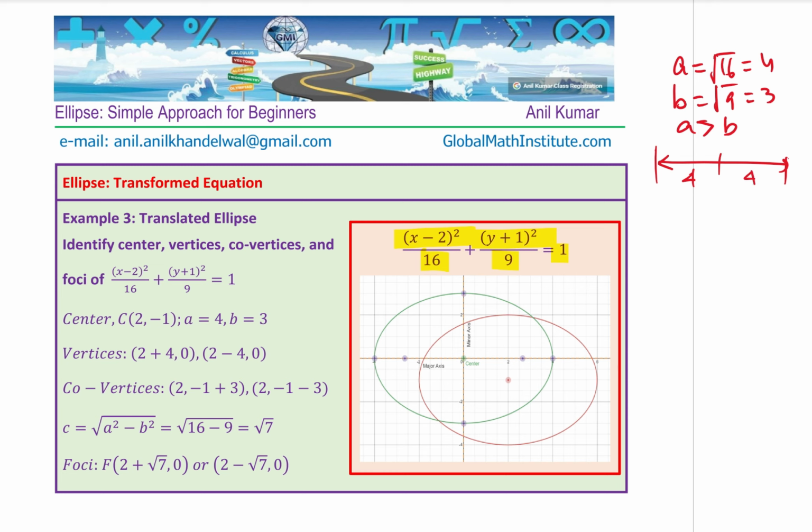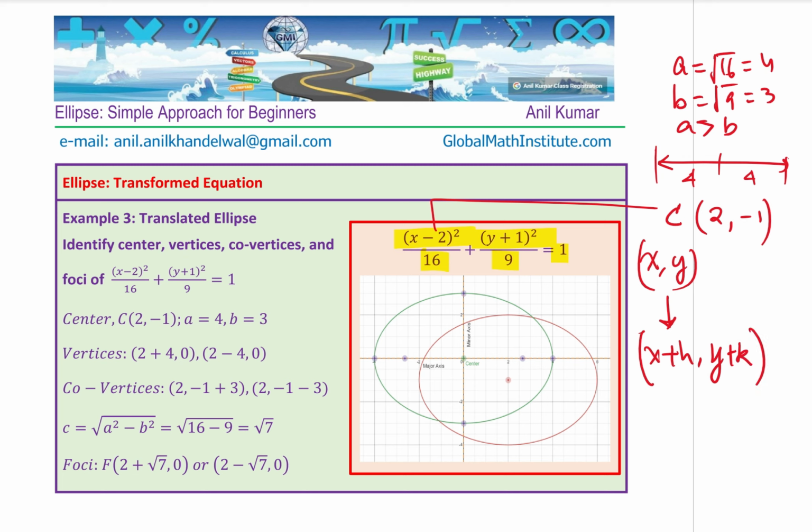Now, the center can be seen from the above. We know the center is translated 2 units to the right and 1 unit down. So that is the translation. So the points which were x and y will now be translated, and what we get here is x plus h and y plus k to the standard equation.